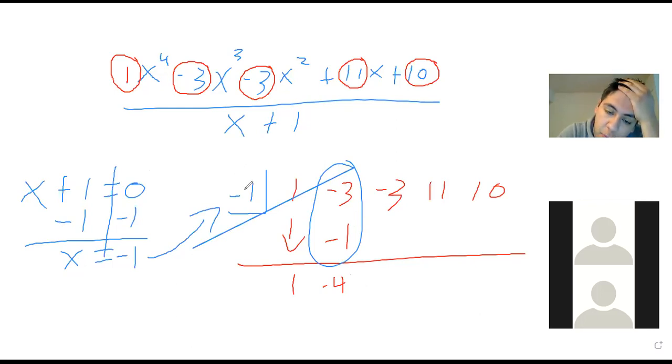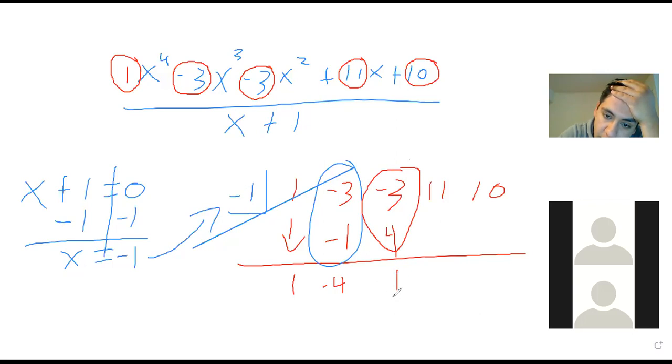Okay, so now we're going to do -1 times -4. So the idea is that we're always dropping down and multiplying, and then adding, dropping down, multiplying, and it's the same process over and over again, okay? So -1 times -4, what would that give us? A +4. So again, let's combine these. -4 and -3 would give us a +1.